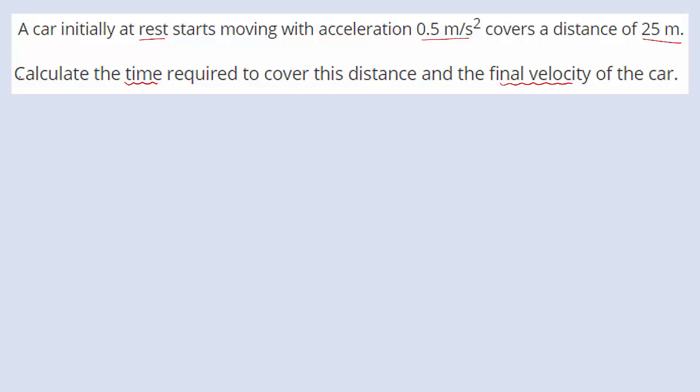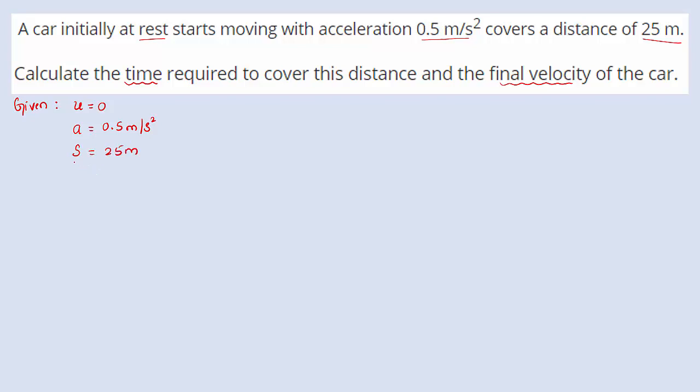First we have to write the givens. A car initially at rest means initial velocity is 0. It starts moving with an acceleration. Acceleration is given 0.5 meter per second square and it covers a distance of 25 meter. Let us write s equal to 25 meter.